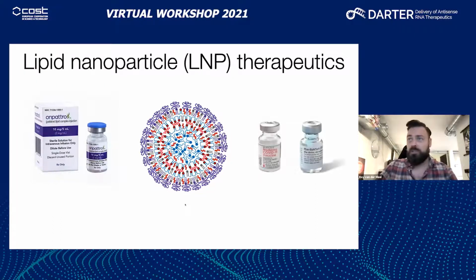And of course, the two COVID-19 vaccines, basically the same lipid nanoparticle, of which you can see a schematic in the middle of the slide, containing mRNA encoding for the spike protein for vaccination purposes.